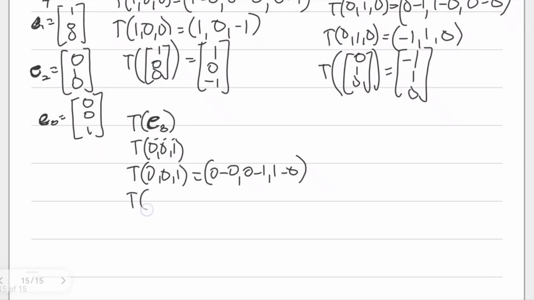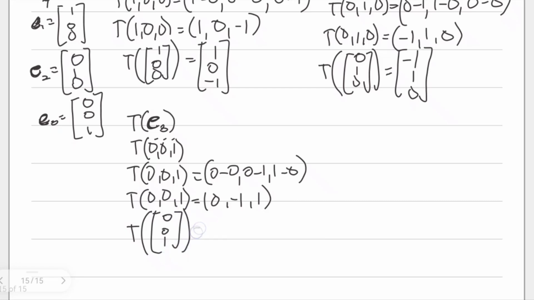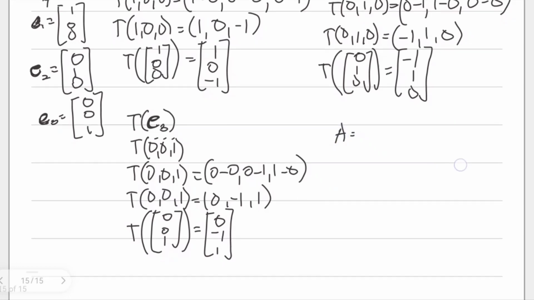So we'll have here 0, negative 1, and then 1, or in column form. With all of this, we can now combine them into one matrix, as this will become the augmented matrix combining all the linear transformations.